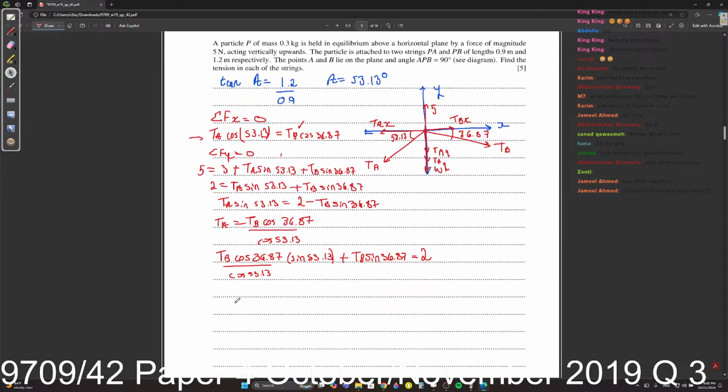Sine over cosine, so it should be tan. I'm telling you there's no way I'm doing this wrong. 36.87 times tan 53.13 plus TB sine 36.87 equal to 2.